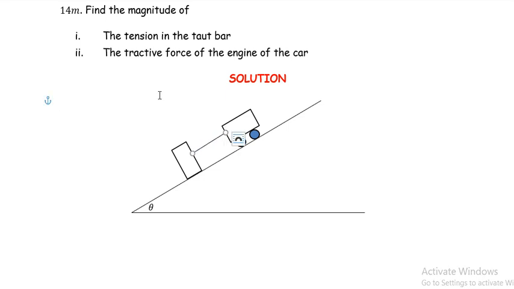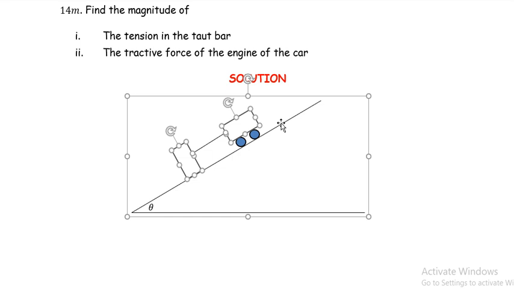That's a tow rope, so there is tension in the rope. So we are going to indicate the various forces that are acting on both of them.